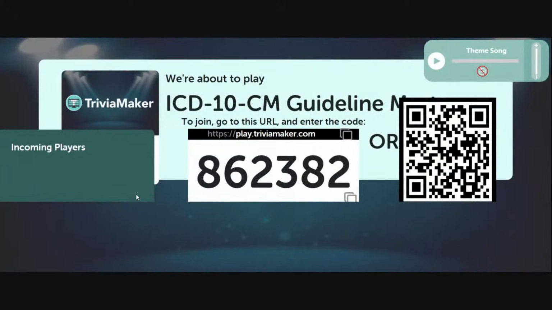Okay, so I'm going to do crowd mode. And all right, so I will share my screen and then this is going to pop up, the QR code. So you don't have to use it.